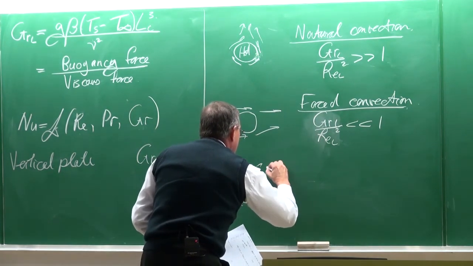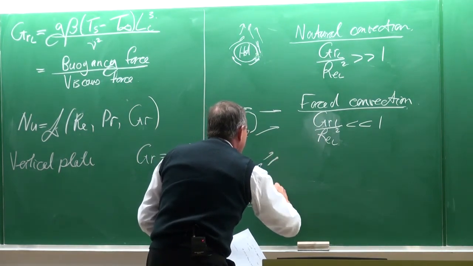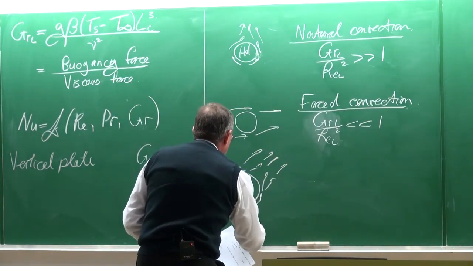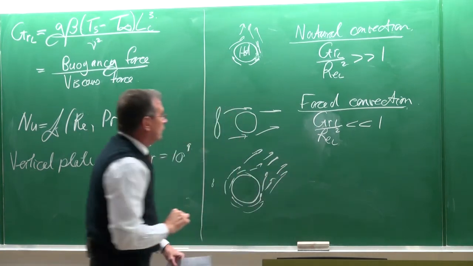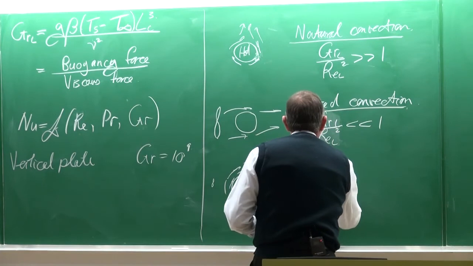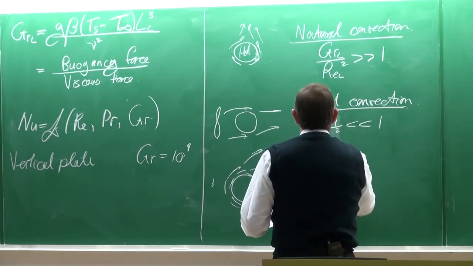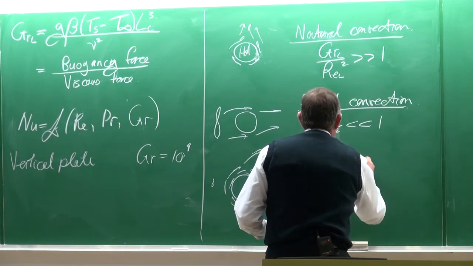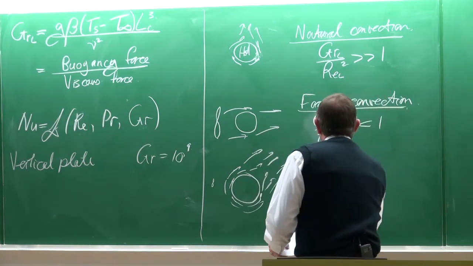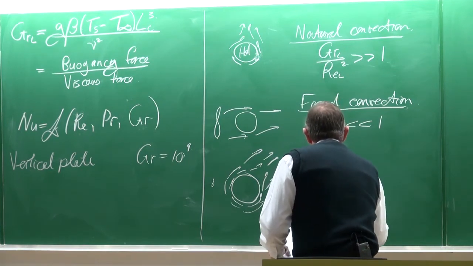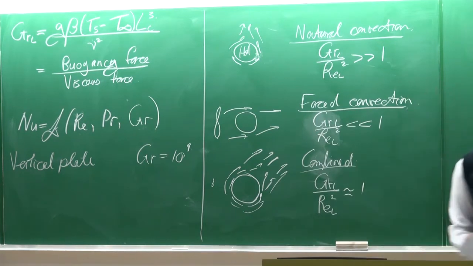However, the flow patterns or streams would do something like that. Okay, and this is considered as a mixed convection problem or a combined convection. Let's rather say combined. And for these cases, the Grashof number divided by the Reynolds number squared is approximately the order of magnitude of 1.